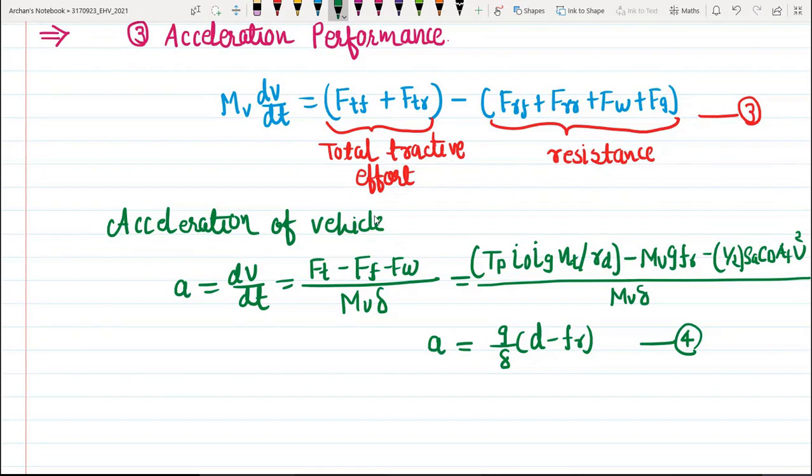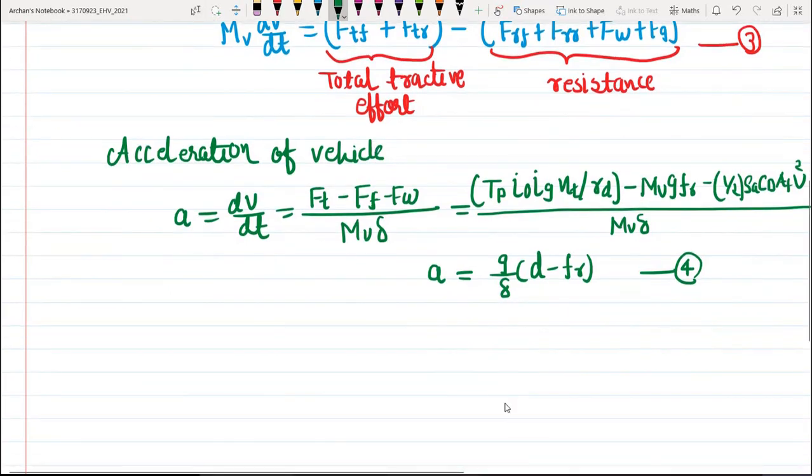Okay, so in this equation, delta, as we know, is nothing but the mass factor. And we are taking this mass factor considering the equivalent mass increase due to the angular moments of the rotating components. Okay, so this mass factor delta can be written as delta is equal to 1 plus IW upon MV RD square.